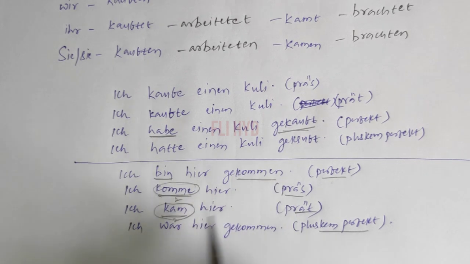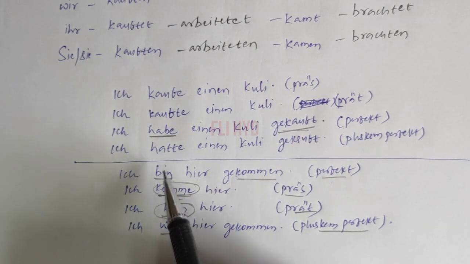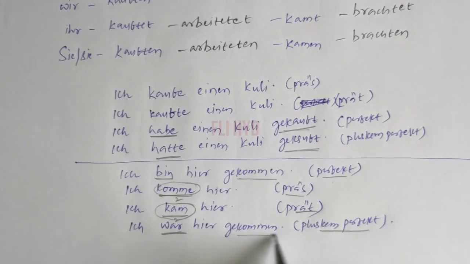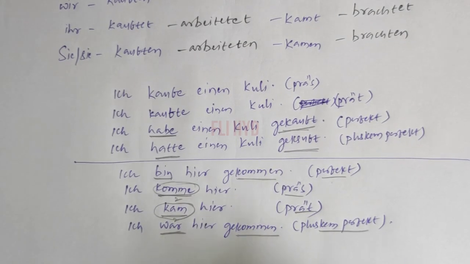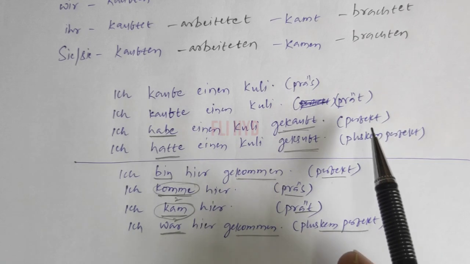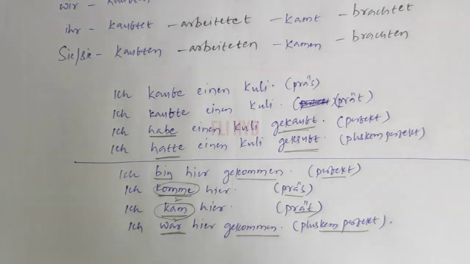If it is Plusquamperfekt, it is hatten oder waren in the second place and V3 goes at the end of the sentence. So this is how we write sentences in Präsens, Präteritum, Perfekt and Plusquamperfekt. Clear?